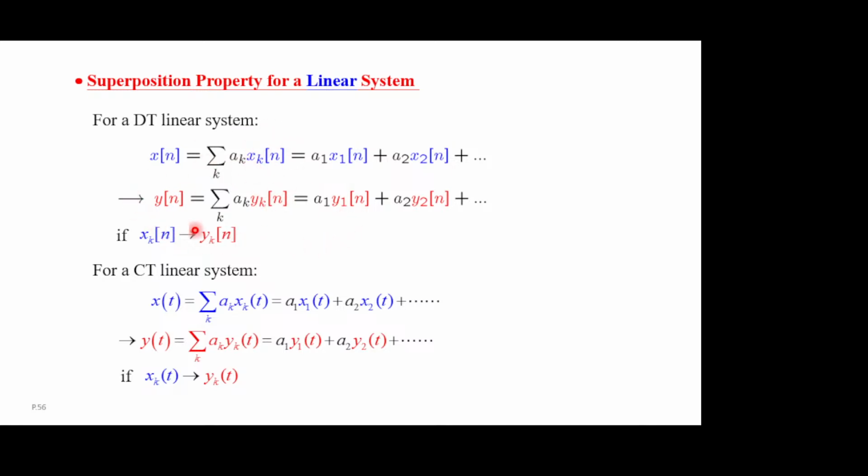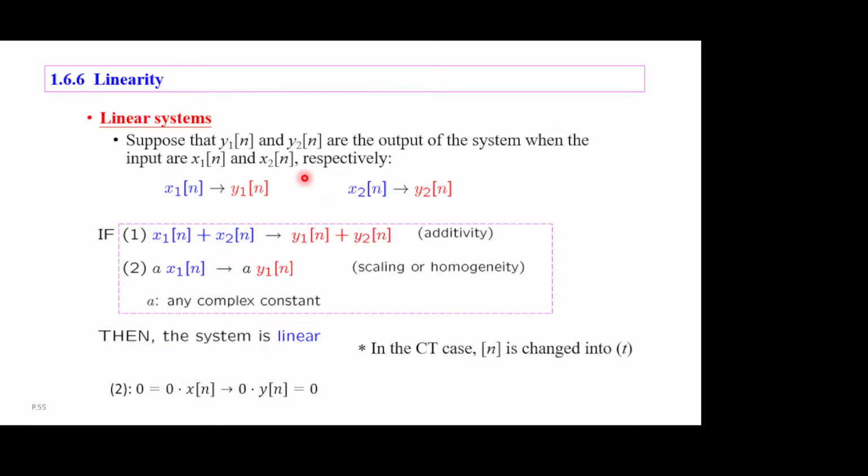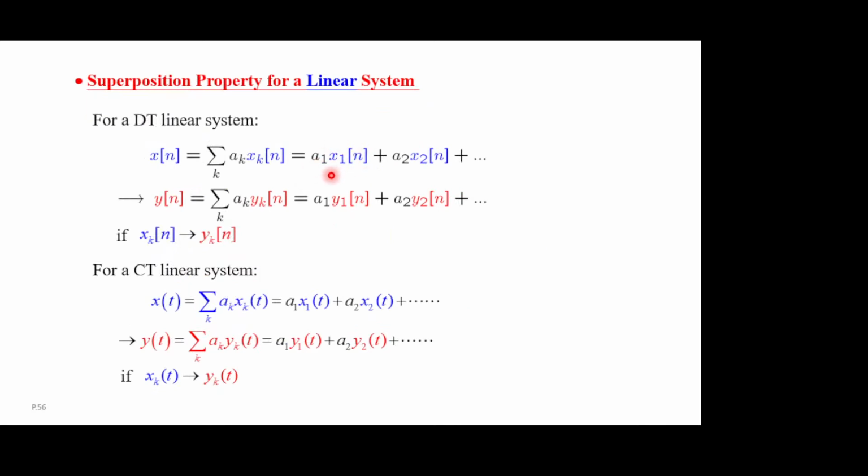Then your output should be the corresponding output in the same linear combination. Let's see how this decomposes. The output of a1 x1 should be a1 y1 by the homogeneity, because you multiply x1 by a1, then the output should be a1 times the corresponding output y1.